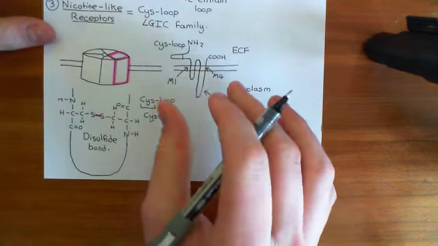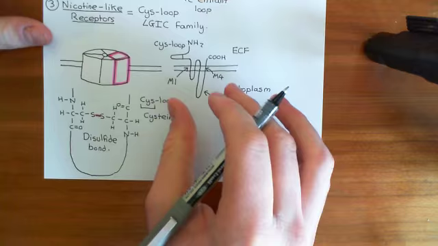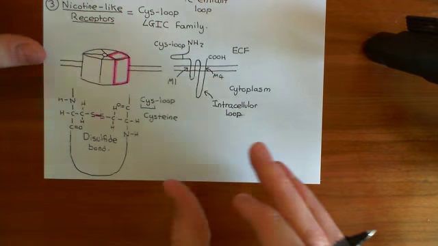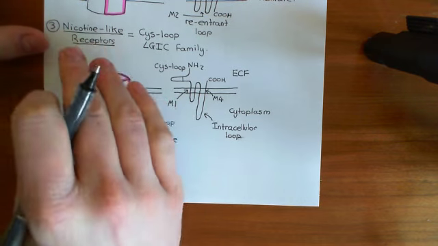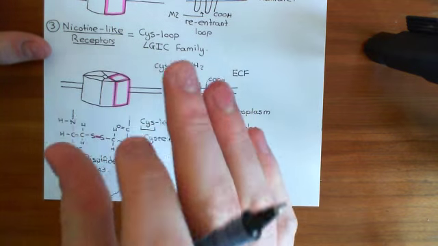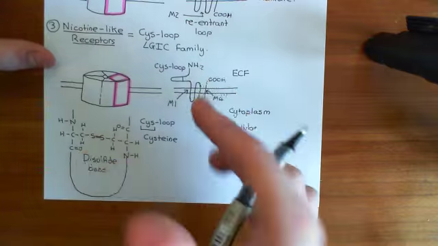So all of these cys loop ligand-gated ion channel family subunits all have one of these cys loops within their extracellular domain. So this is a massive great superfamily, and within this there are some very, very famous families of ligand-gated ion channels.